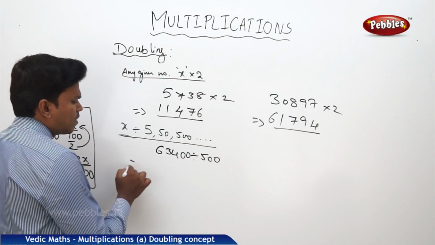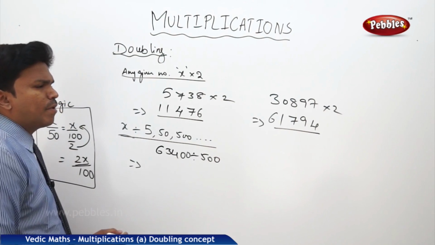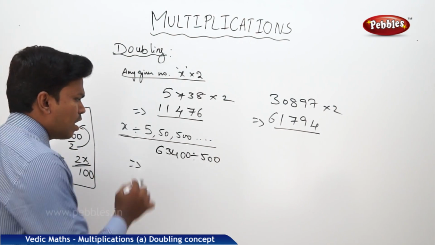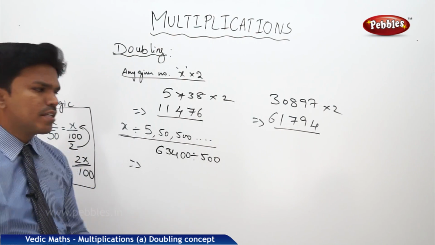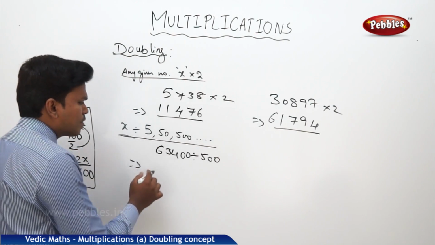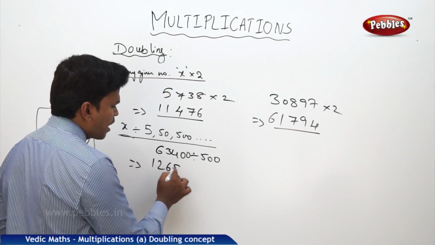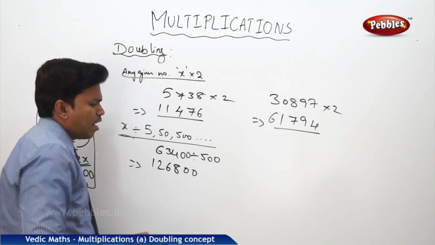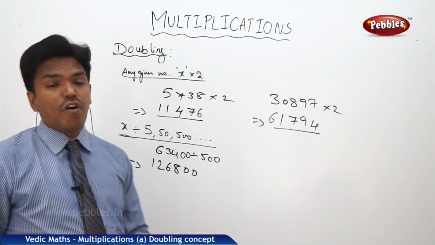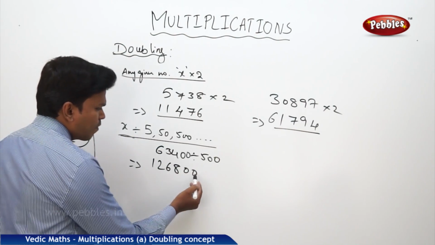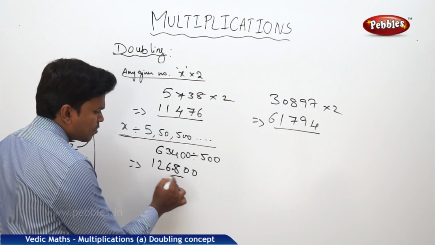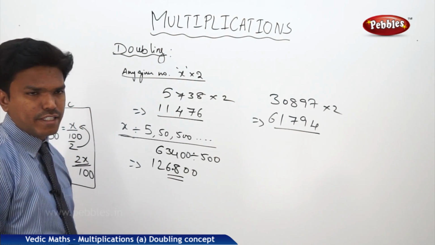Now see here, again the same thing we are going to apply but with a small change. Whenever you are dividing any number by 500, simply double the number. So what is the double of this number? 12, 6 but 6 only, 800. Now put a decimal point after 3 digits from right. So after 3 digits from right, 1, 2, 3. So your answer is 126.8.